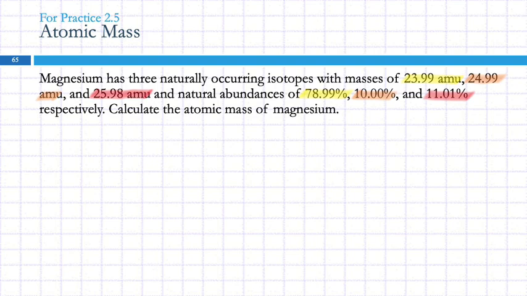So to calculate the atomic mass, we're going to take the percent abundance, divide by 100 to make it into a fractional abundance. So 78.99% becomes 0.7899. This is like calculating the percent and stopping before you multiply by 100. So 0.7899 times the mass of that one.